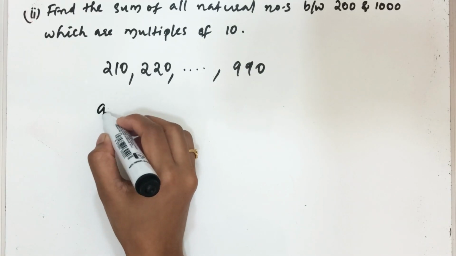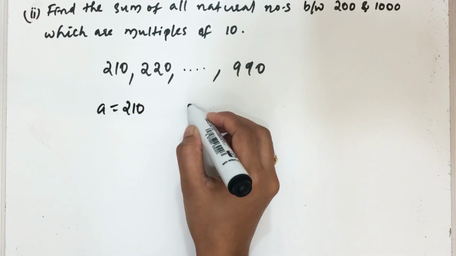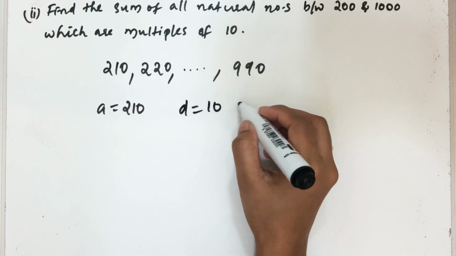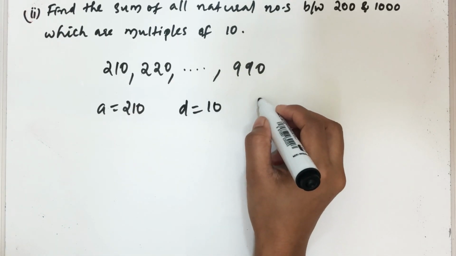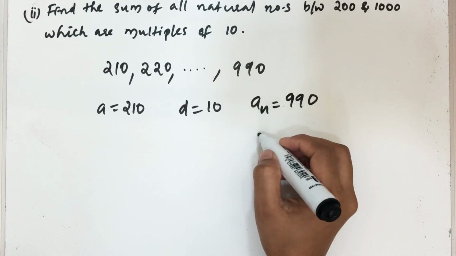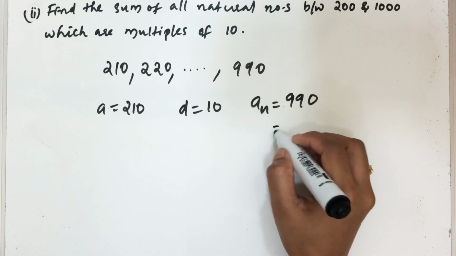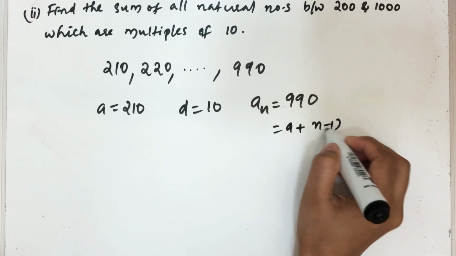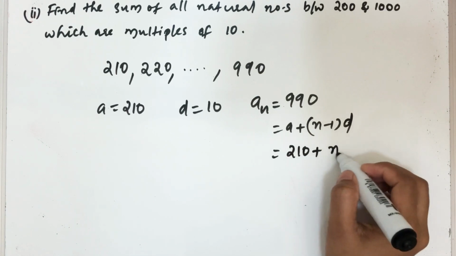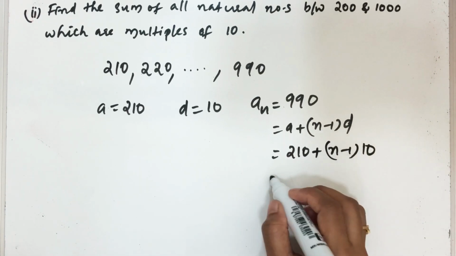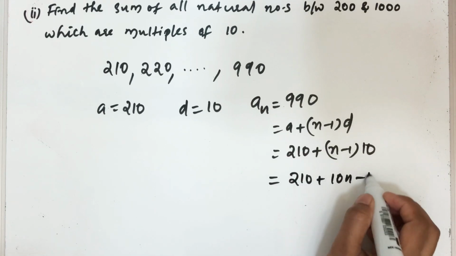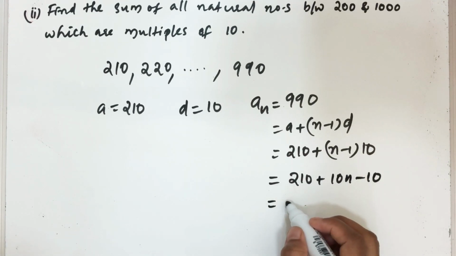So we can write a is equal to 210 and the common difference d is equal to 10. We are adding 10 and the last term an is equal to 990. From this we can find n. That is an is equal to a plus n minus 1 into d. Instead of a we have 210 plus n minus 1 into 10, which is equal to 210 plus 10n minus 10, that is 200 plus 10n.